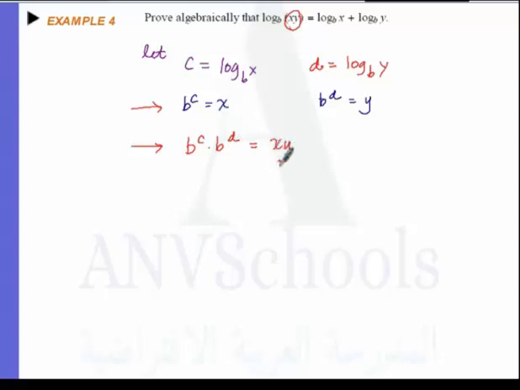Take note that this expression has the same base b. And according to algebra, if you have the same base raised to different exponents, then the product of those is the base raised to the sum of the exponents. So it will be b raised to m plus n.